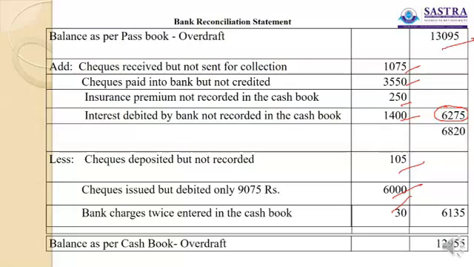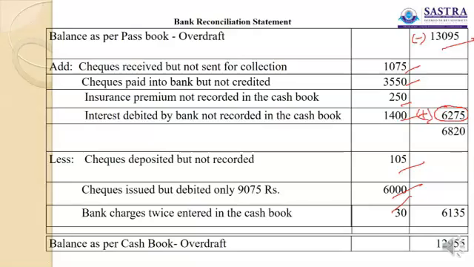Once 6,275 is added to the base balance, what would have been the balance? It seems to be 13,095 plus 6,275. That might be 19,000 and odd. No, the base balance is minus. So put a symbol here. It is minus, unfavorable, minus and plus.